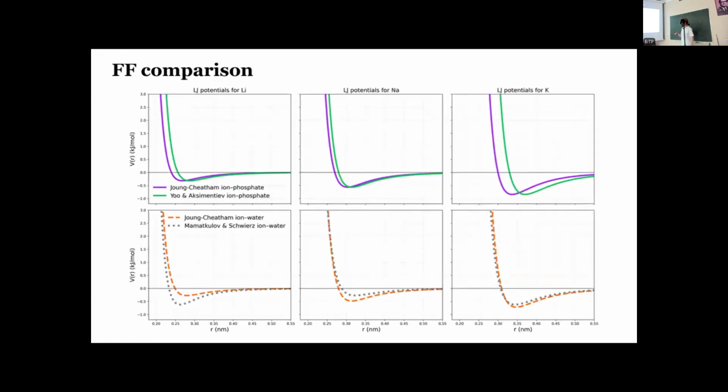So thank you. They propose some fixes to both the Bogolyubov parameters and the Young-Chetnam parameters, and it's called the Q-fix. You can see that they specifically propose these changes for the case of Lennard-Jones parameters.